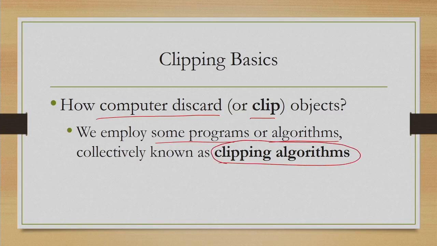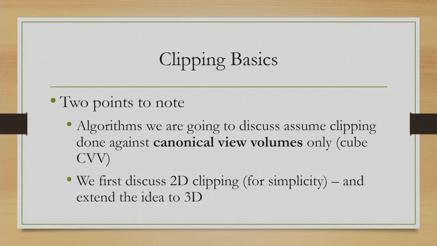We perform clipping with the help of clipping algorithms, and in this lecture and subsequent lectures we will go through a few of those algorithms which are easier to understand. Before we start our discussion on the clipping algorithms, we should keep in mind two points. First, the algorithms will be assuming that the clipping is done against the canonical view volume.